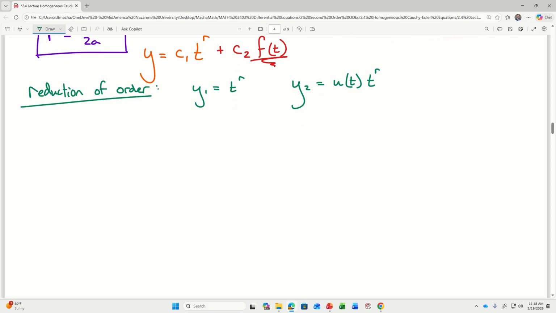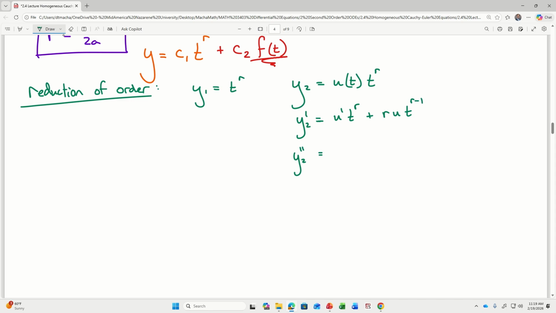And then what we're going to do is take the first derivative and the second derivative of y2. So the first derivative, according to the product rule, is going to be u prime t to the r plus r u t to the r minus 1.